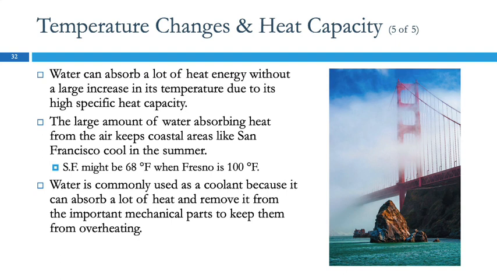And to help that heat get away from the engine parts, your car has a pump that circulates the water through the engine. It goes through the engine, it gets hot, it comes back out to the radiator where it has a lot of surface area, and then it can let that heat out into the surroundings.